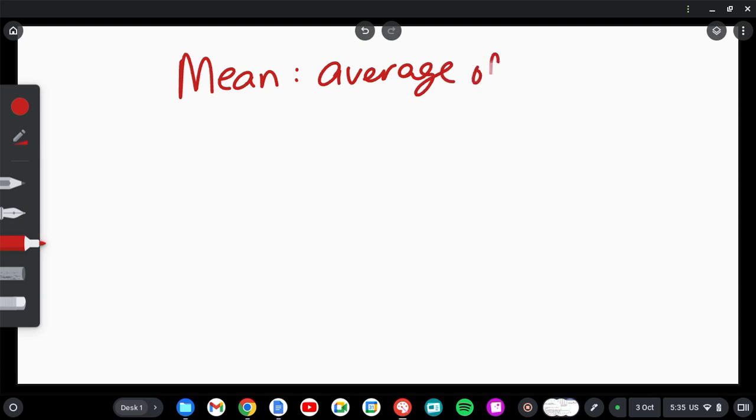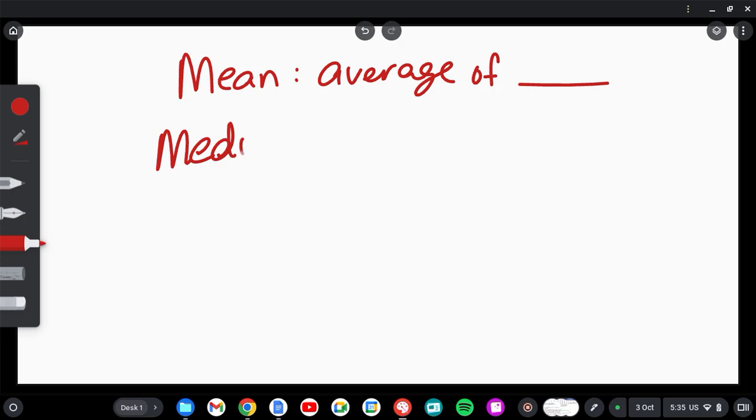Mean is the average. This is chapter 14, averages of statistical data. What I've just covered is chapter 13, statistical diagrams. Mean is the average. Mean just means the average of something.